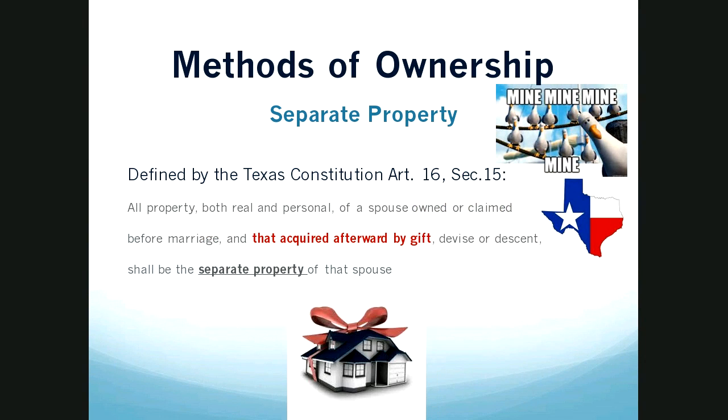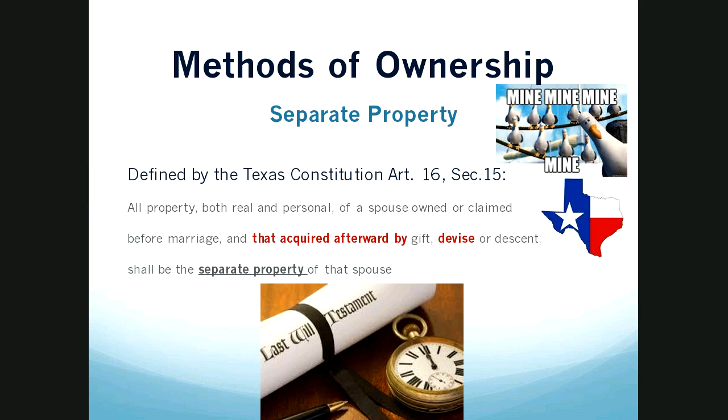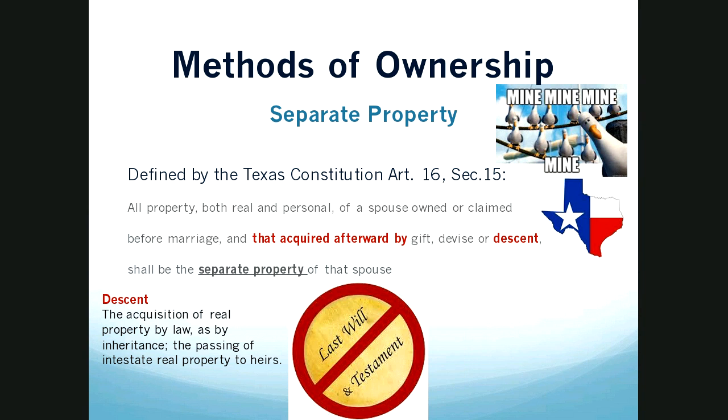And anything that you acquire afterward by gift, our old friend gift, right? Remember that. Devise, we've heard that before, right? That means by will. And descent. This is a new term, but it just means without a will or through intestacy, otherwise inheritance, right? So that's what Texas says descent is: without a will.